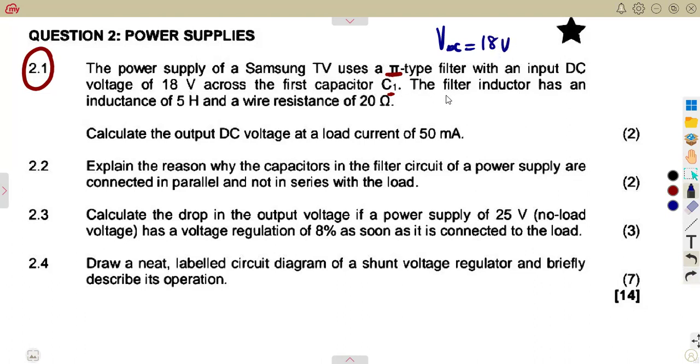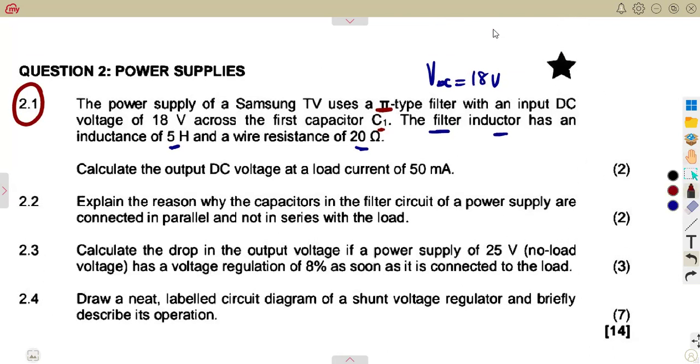Then they are saying the filter inductor has an inductance, and the wire resistance is also given, which is in series with the inductor. Okay, remember your LC, guys. It's just like this, where you've got the output of the rectifier, and you're going to have the capacitor here, the first capacitor.